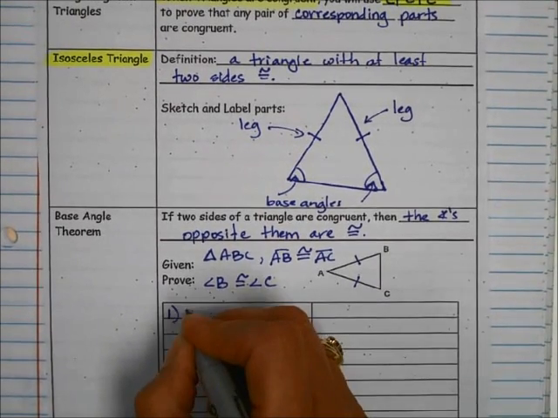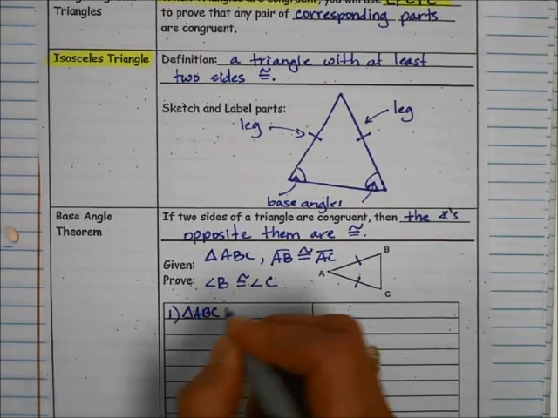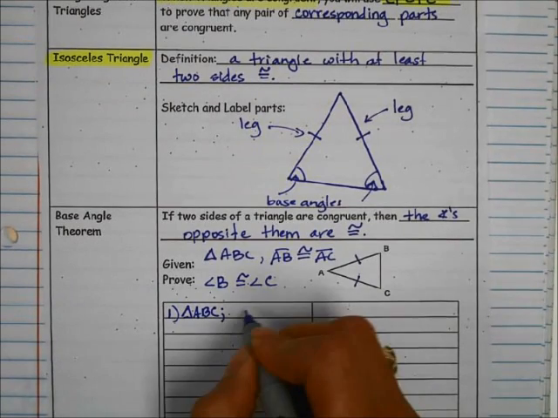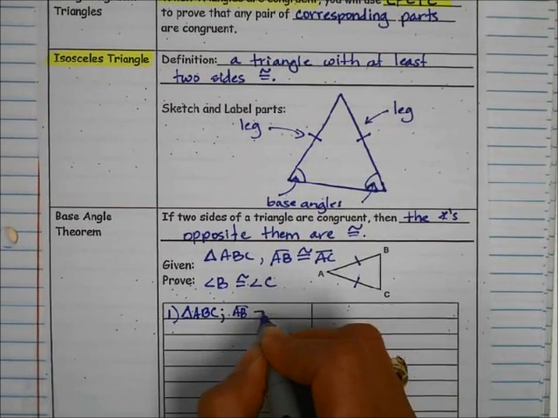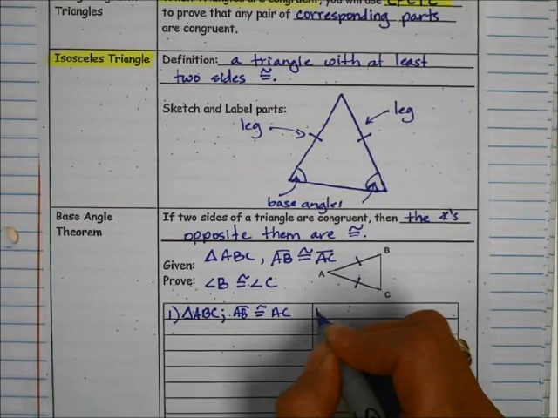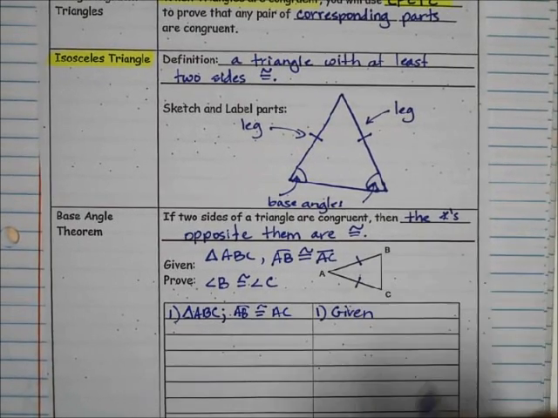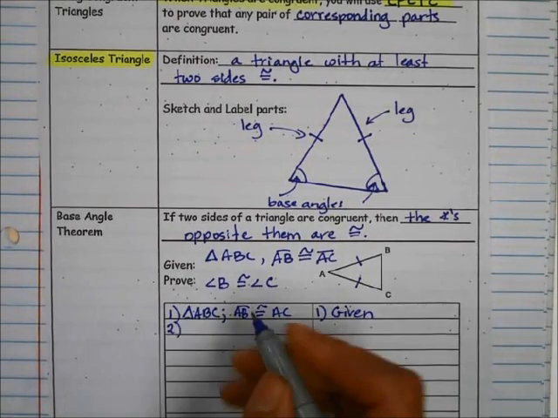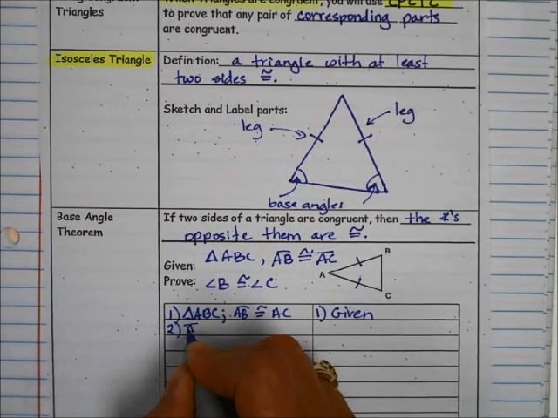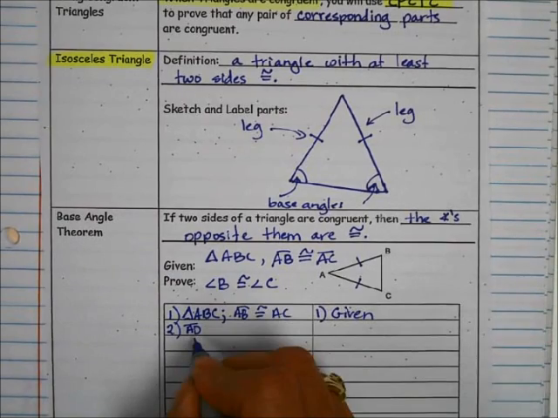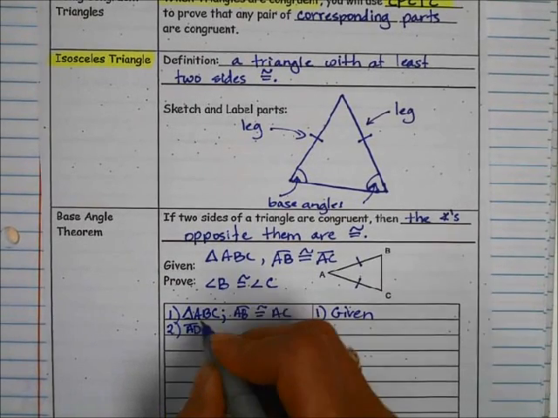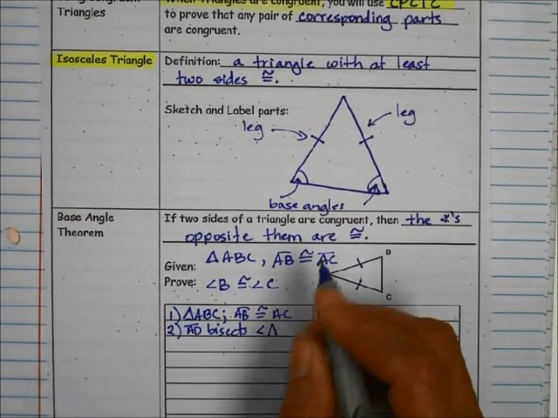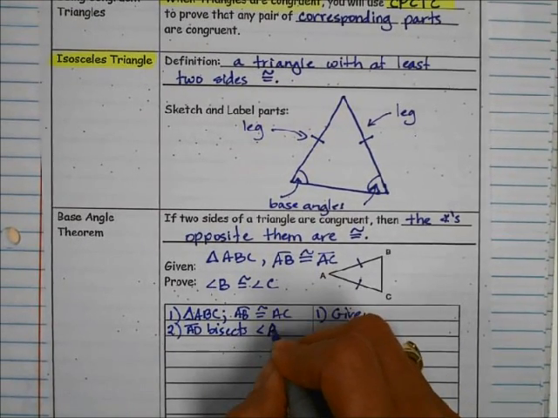So we're going to start out with a given. Triangle ABC is the one thing that you're given, and you know that AB is congruent to AC. So that's given information. Now we're going to bisect this angle. This is a little different. We're going to do a construction, and we're going to create this line segment AD that bisects angle BAC.